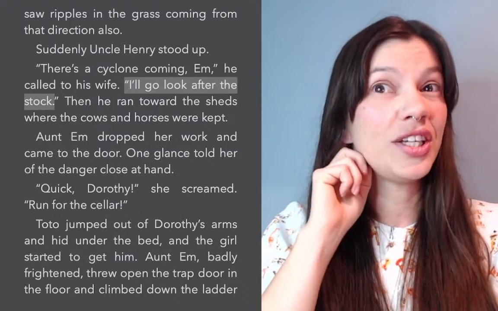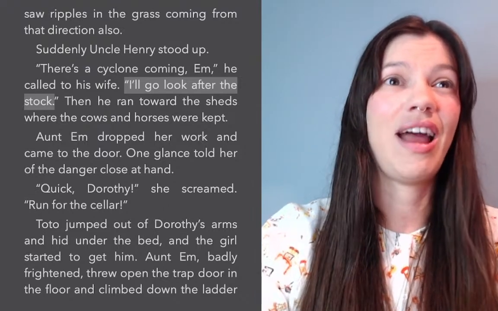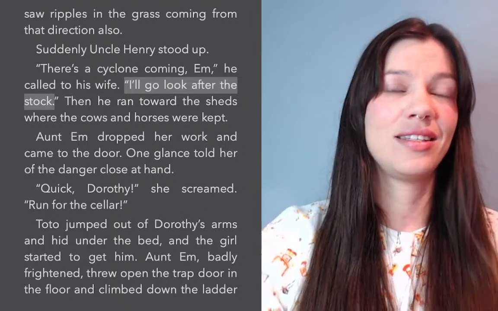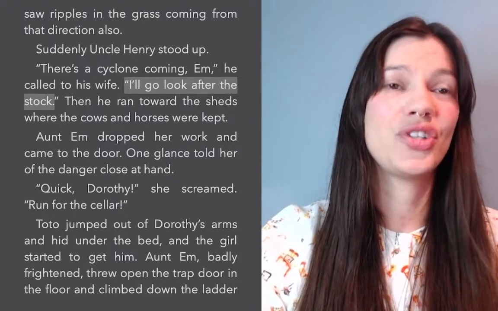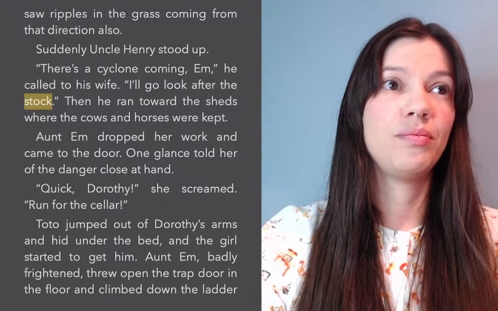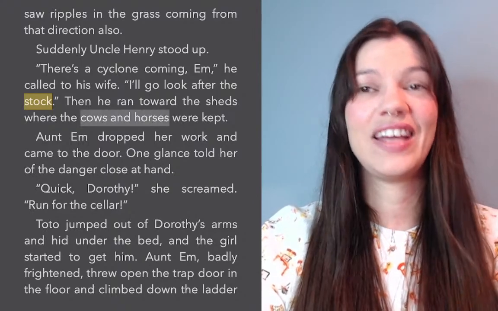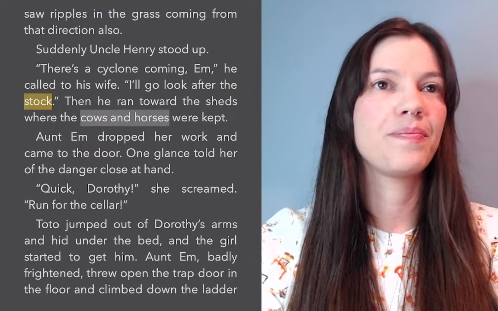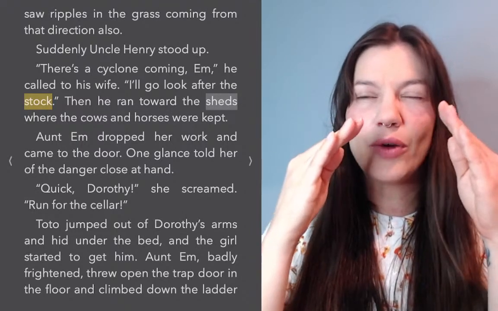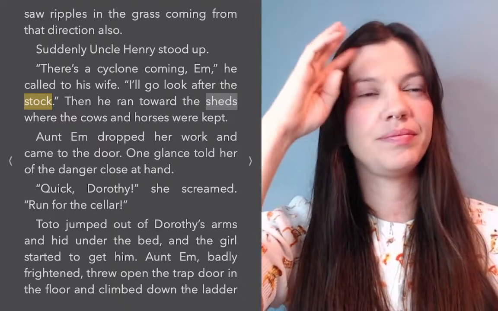That means he's going to go check to see if the animals are okay and help them. He ran towards the sheds where the cows and horses were kept. So the stock is the cows and horses, right? The stock animals. And he ran towards the sheds. Sheds are like little houses where you keep tools or animals, like a barn.